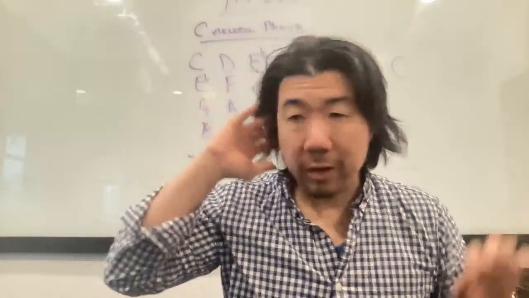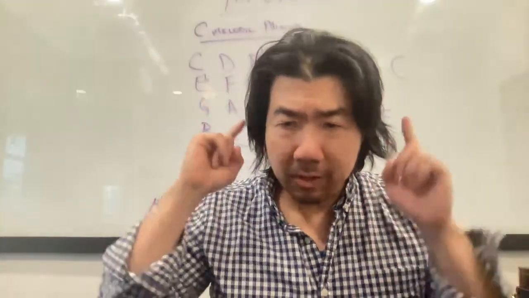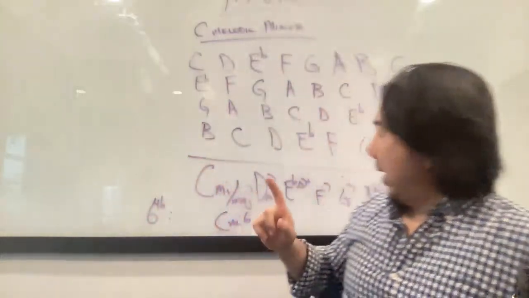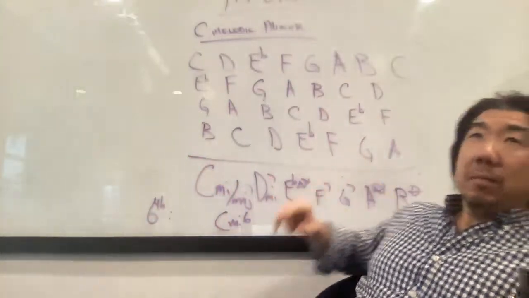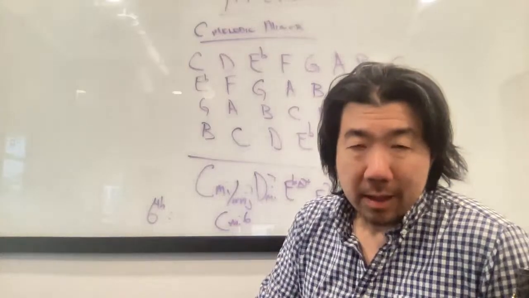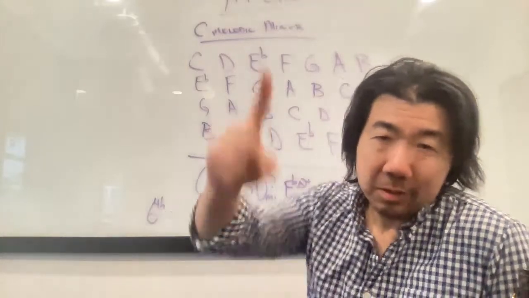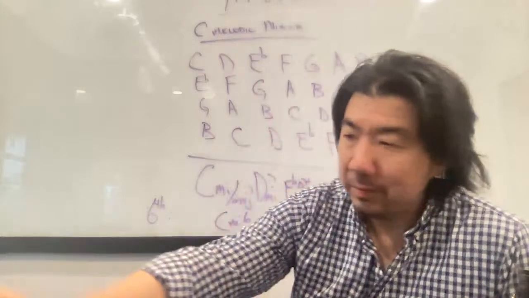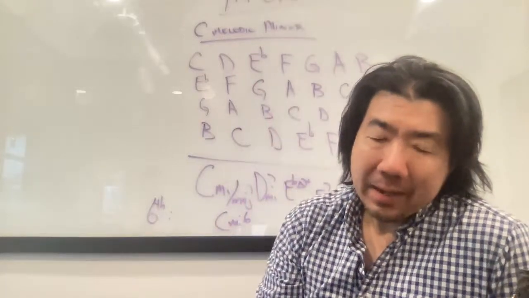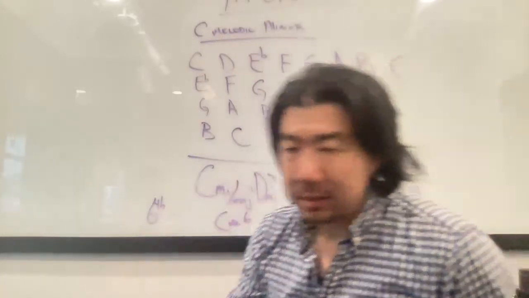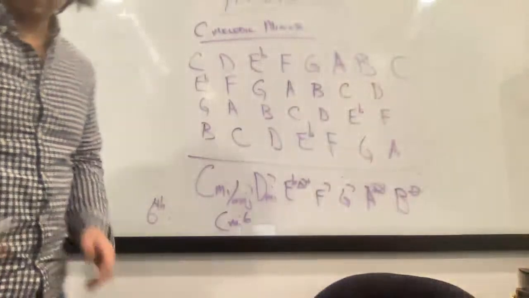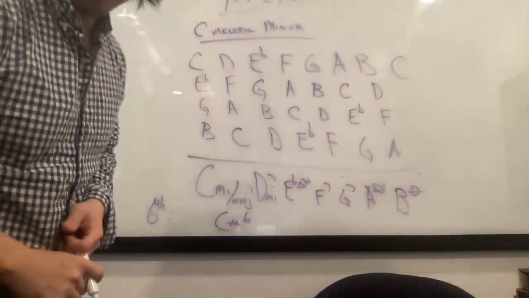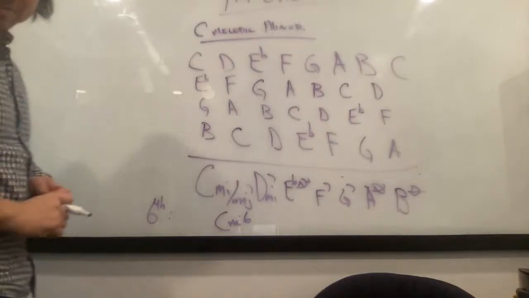But I have news for you again. I'm hoping to connect. I'm hoping some light bulbs go off. I'm hoping to blow your mind. A half dim equals C minor 6. B half dim equals... B minor 7 flat 5 is the same as what minor 6? Robert.